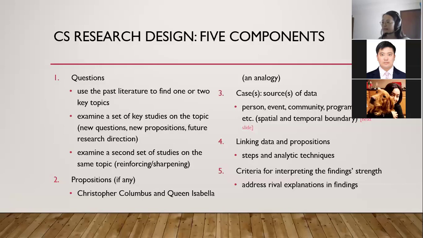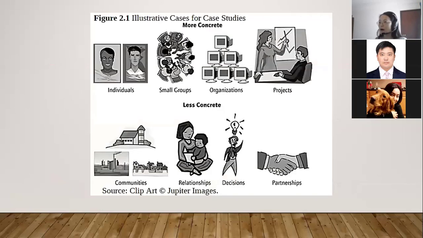But a case can be a person, can be an event, can be a community, can be a program, school, etc. And it usually has spatial and temporal boundaries as defined in the concept that we introduced before. So let's say there are more concrete and less concrete cases.